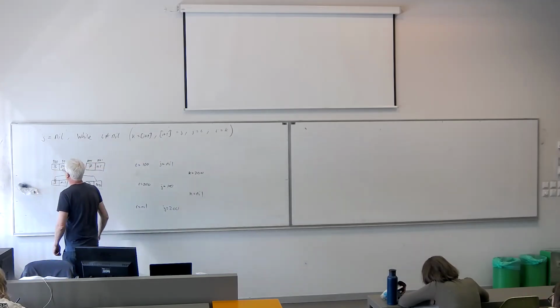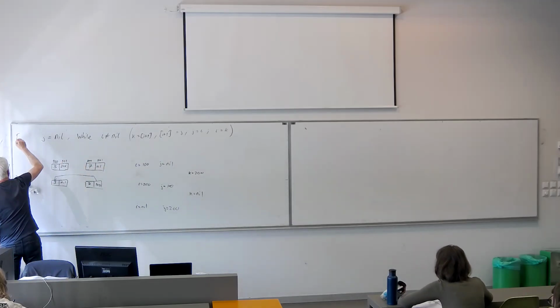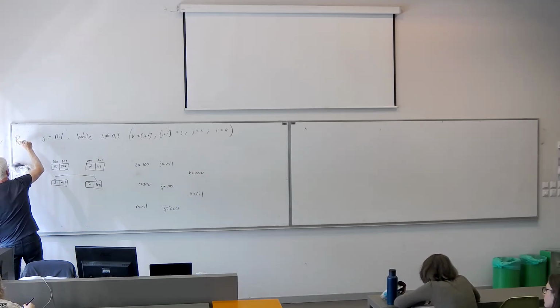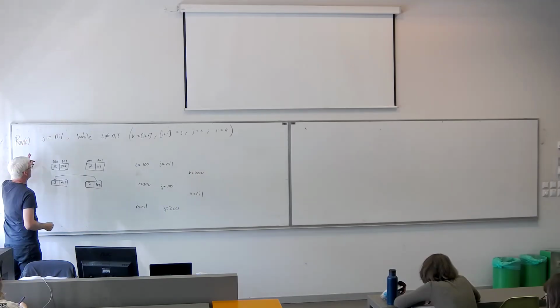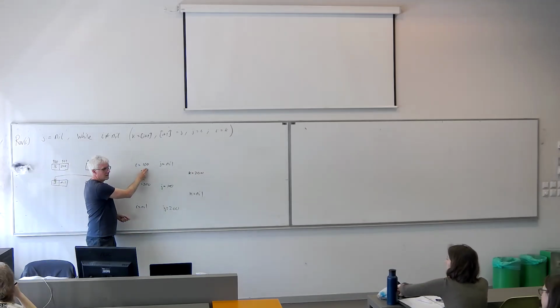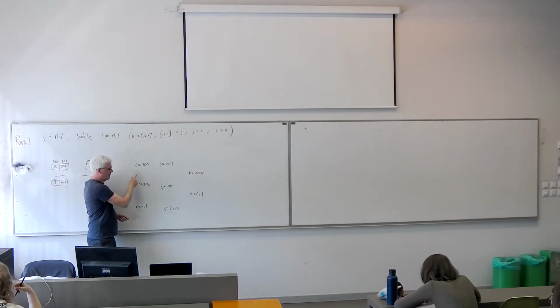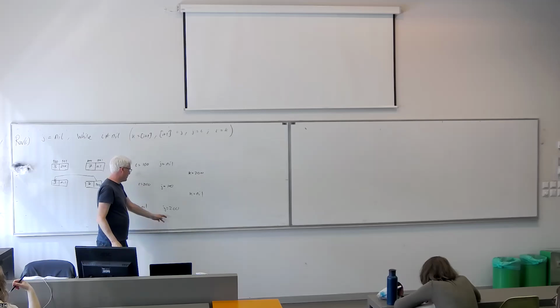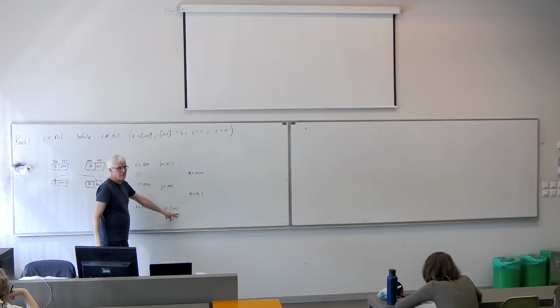Let's call this program P, or let's call it R, or rev. Actually, let's call it rev of i, because i is the important input. So it's reversing the list that is pointed to by i. And at the end, you get j pointing to the reversed list.